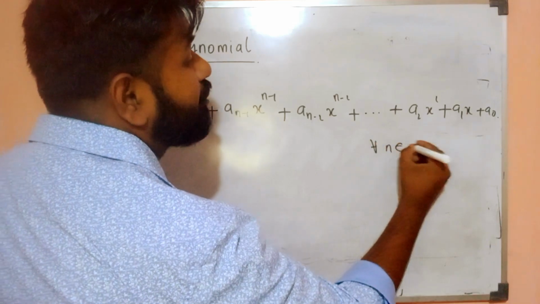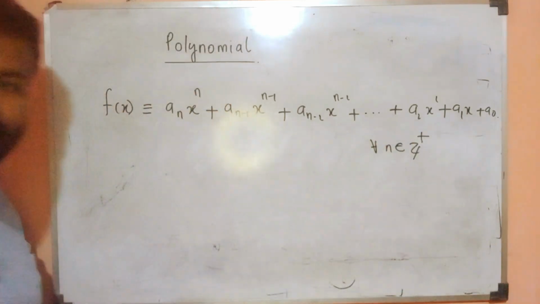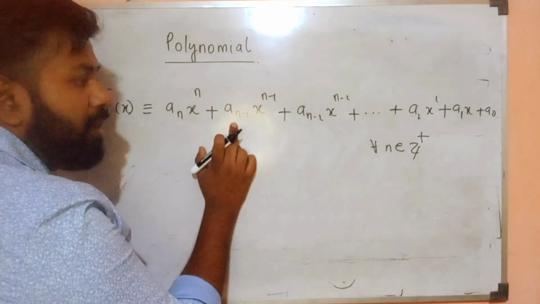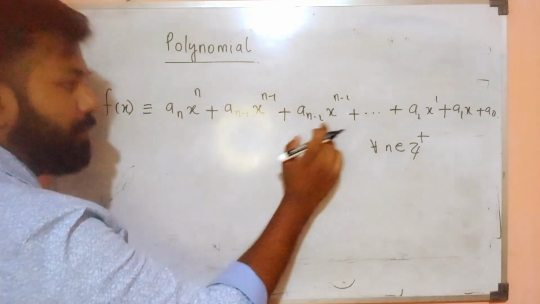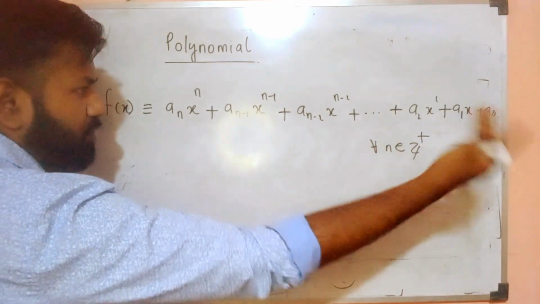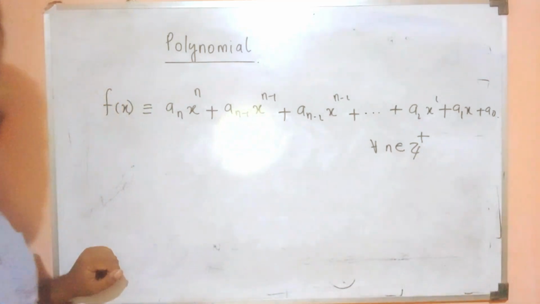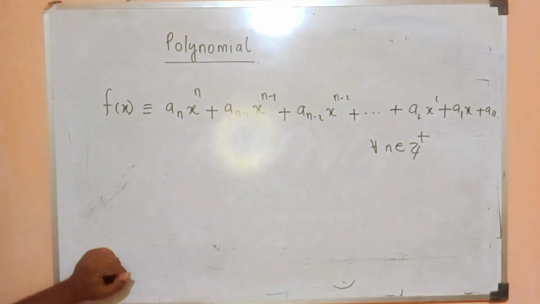Here n has to be a positive integer. Here you can see a_(n-1), a_(n-2), a_(n-3), and so on, a_2, a_1, a_0. All of them are coefficients. We call them coefficients.